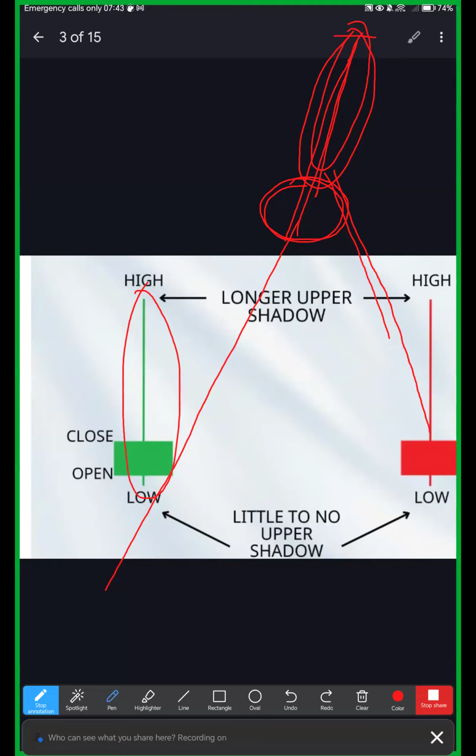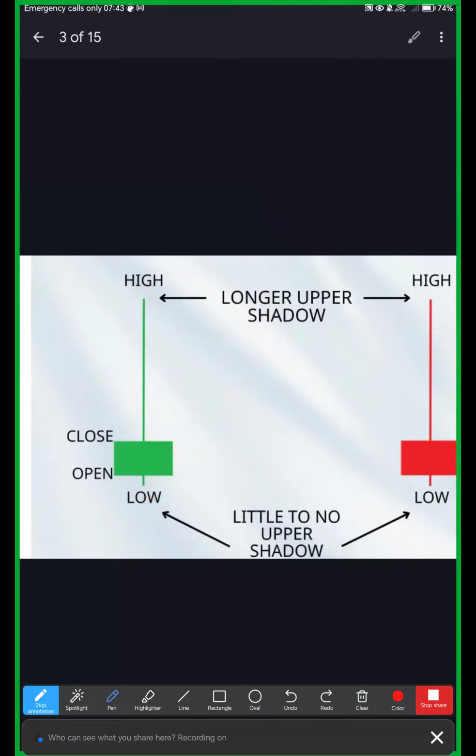Probably one candle or two candles next, you will see the market clearly showing you the direction it is going, because sometimes it does not happen immediately. Maybe two candles after, you see the market taking its way downward.